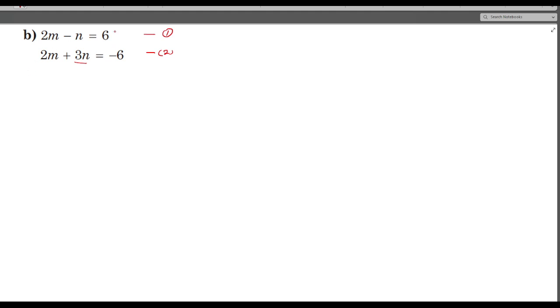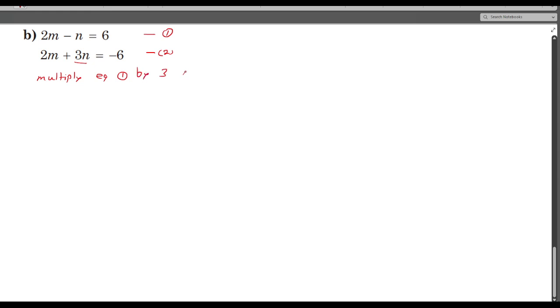So your first equation will become, I will say, multiply equation 1 by 3 both sides. So your equation becomes 6m minus 3n is equal to 18.